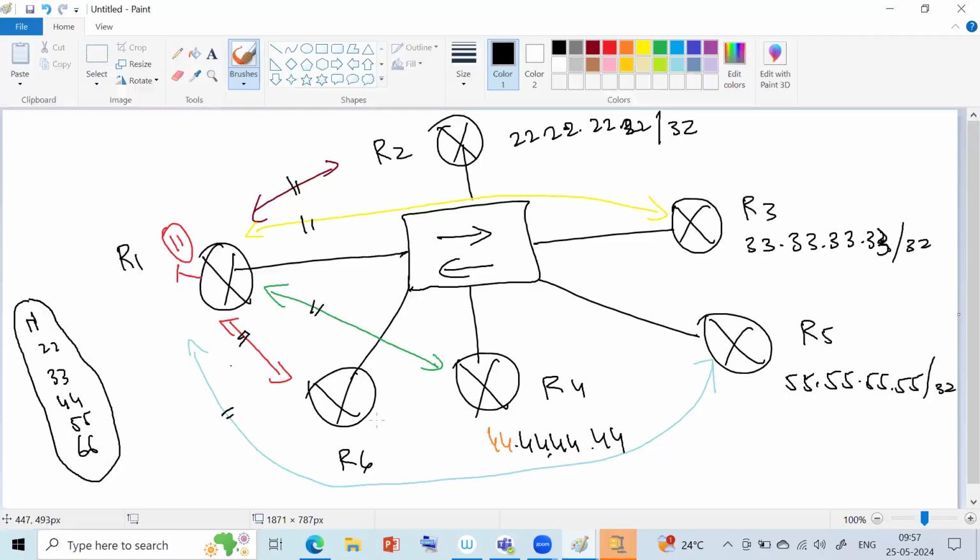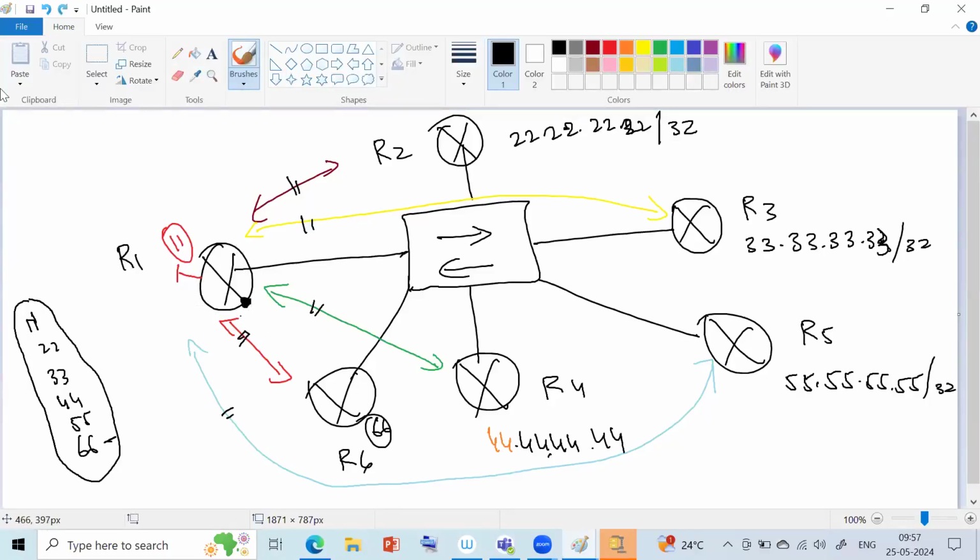To R6, it has learned 66 from here. Apart from 66, it will send all the networks to R6. Why? Now, there is a rule. What is the rule? The interface on which you have received anything will not be sent back to the same interface.